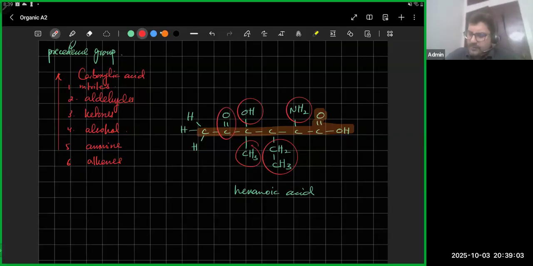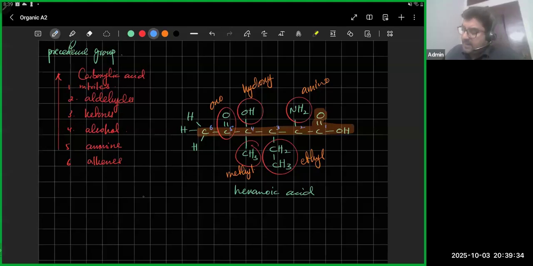This is your oxo, this is your hydroxy, this is your amino, this is ethyl, and this is methyl. The main functional group, the carboxylic acid, has to be given the smallest number. It's 1, 2, 3, 4, 5, and 6.